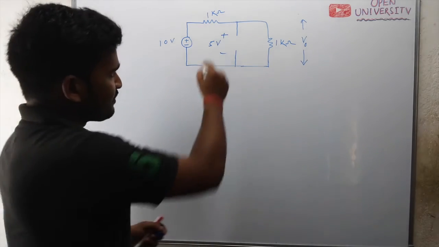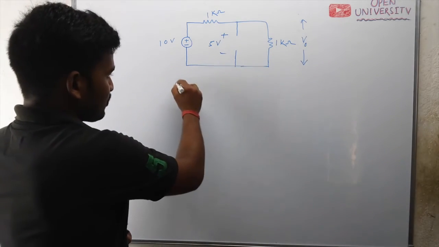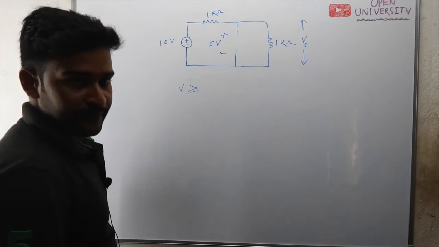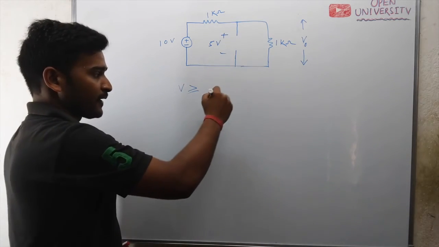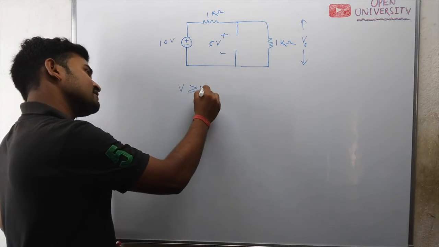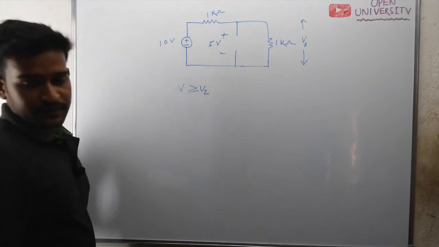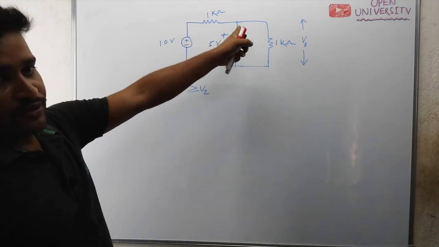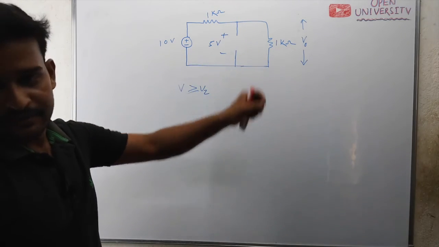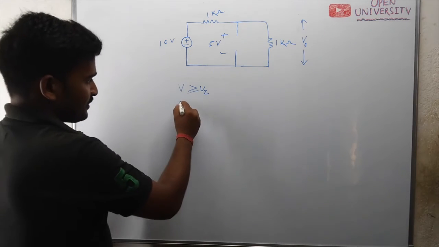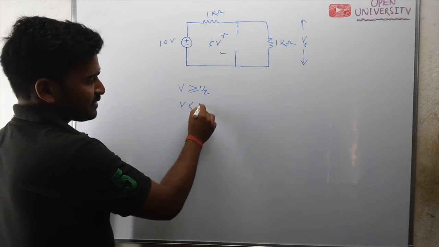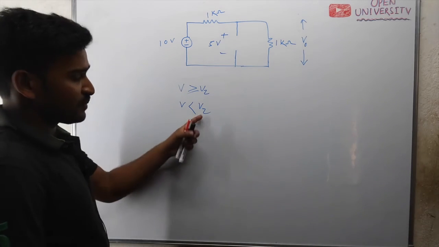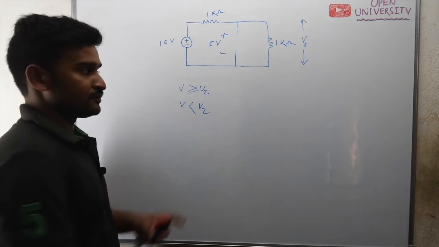Now, if the reverse voltage across the Zener diode after open circuiting is greater than or equal to Vz, then you can replace your Zener diode with a constant voltage, that is Vz. Suppose this voltage is less than Vz, then your Zener diode is not in breakdown, it is in cutoff region.